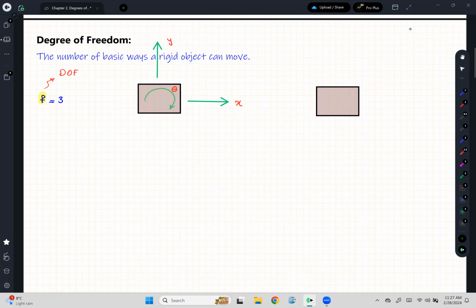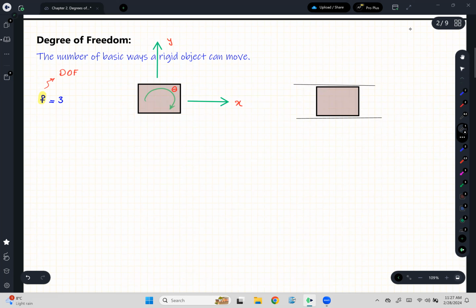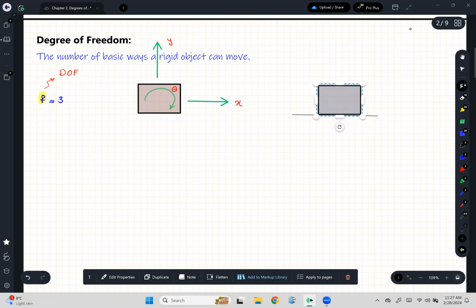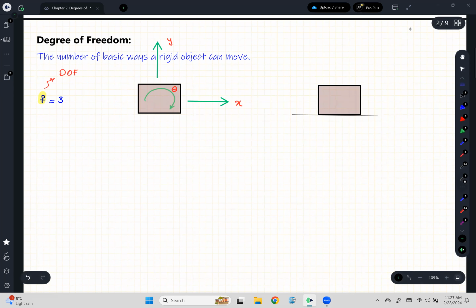But this time, we constrain its motion and put it inside, let's say, a rail or a channel.